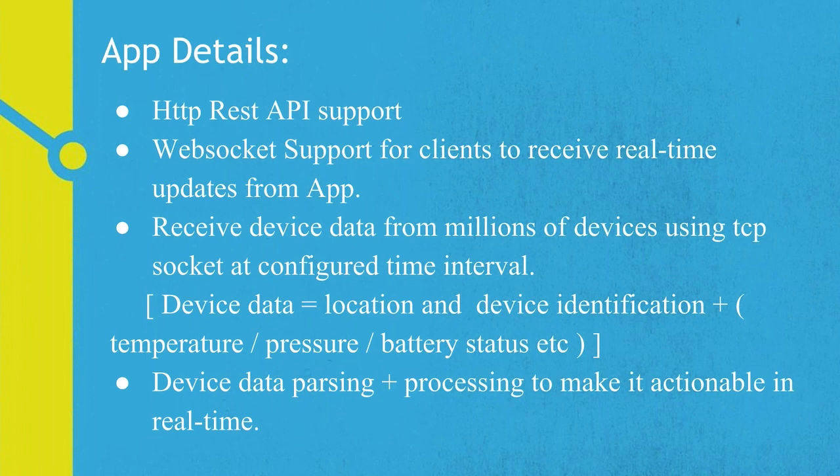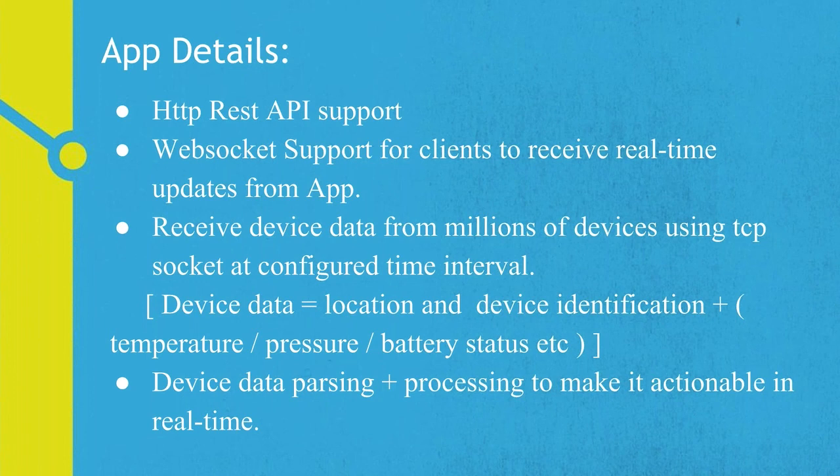Then what you receive is device data from millions of devices using a TCP socket. For example, in this particular use case, we are expecting to receive data every 1 minute from roughly a million devices. We designed what the structure of the device data will look like. It will be a location and the device identification, plus various information like temperature, pressure, and battery status.